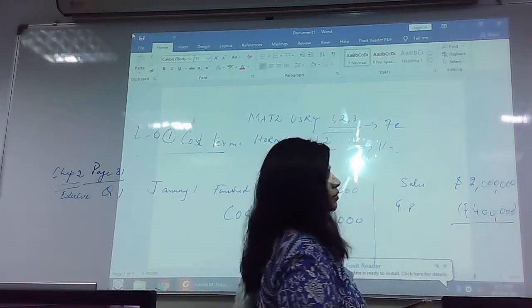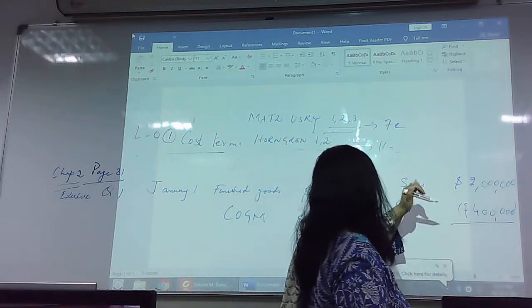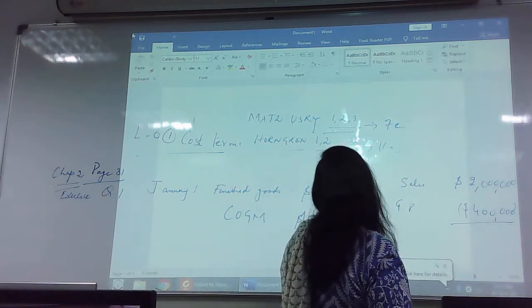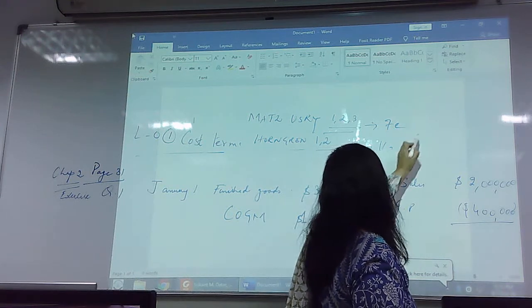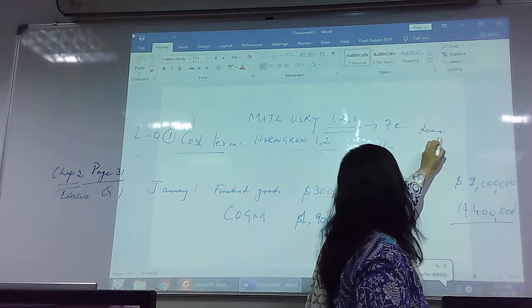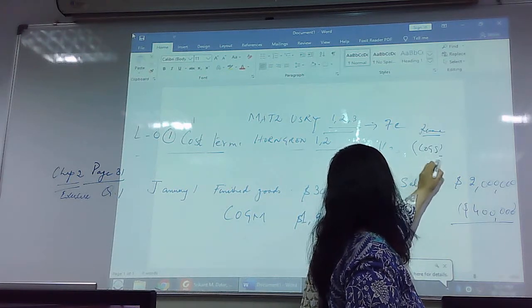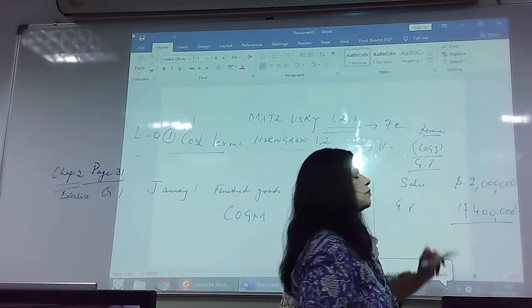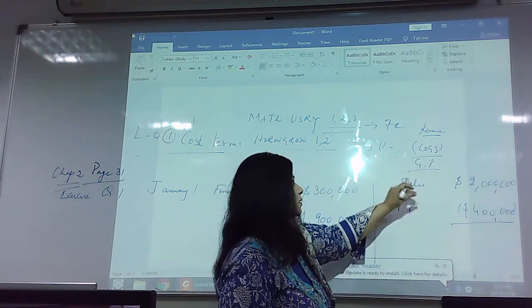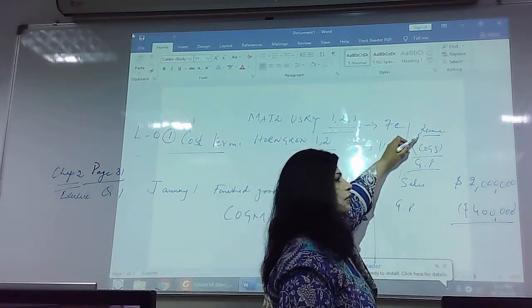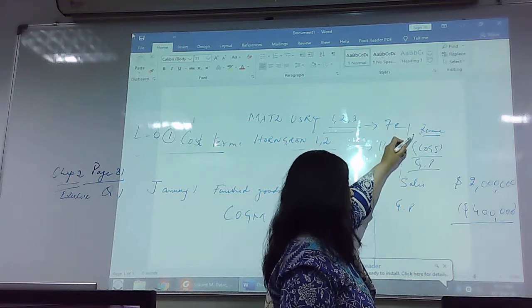Now if you look at the format that we did, you can simply replace the word revenue with sales, minus cost of goods sold, and you get gross profit for the income statement format. This is the typical format: you have gross sales, that is revenue.